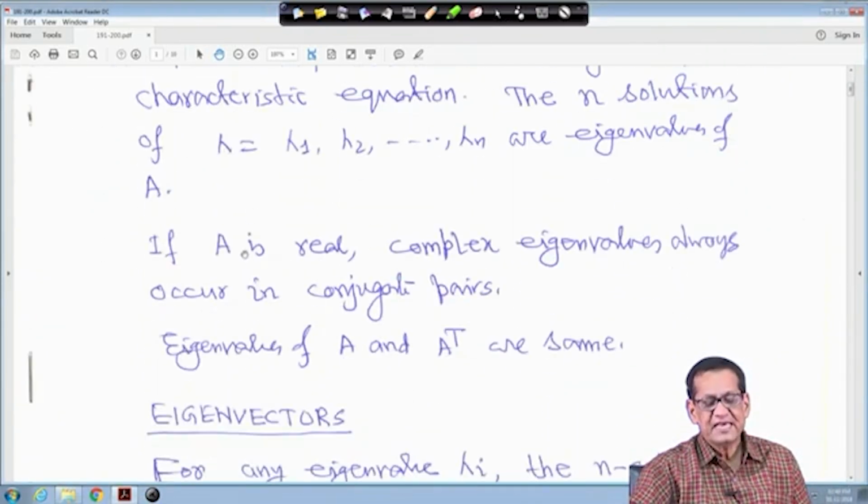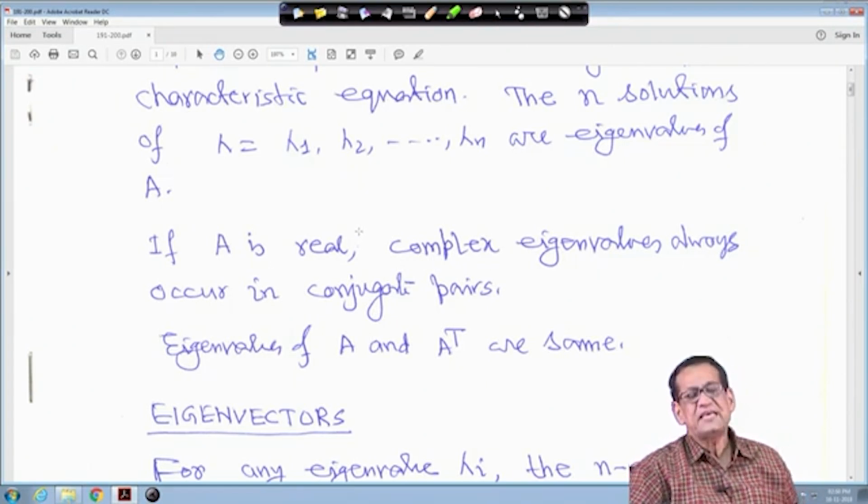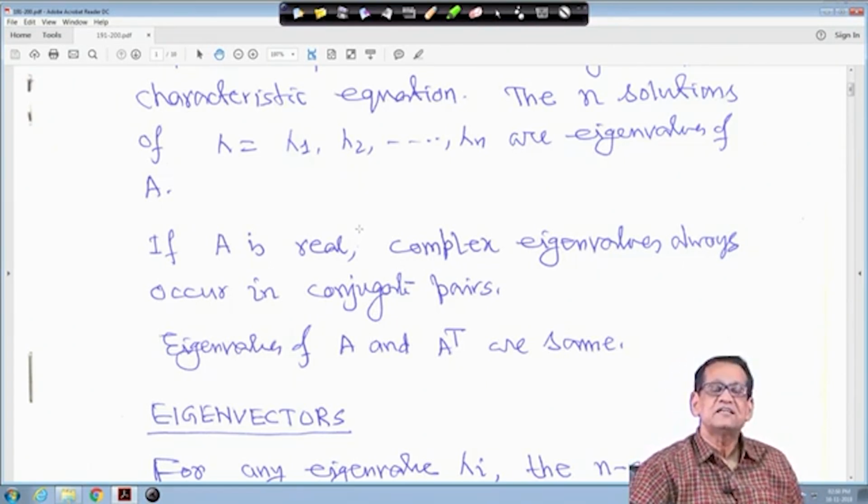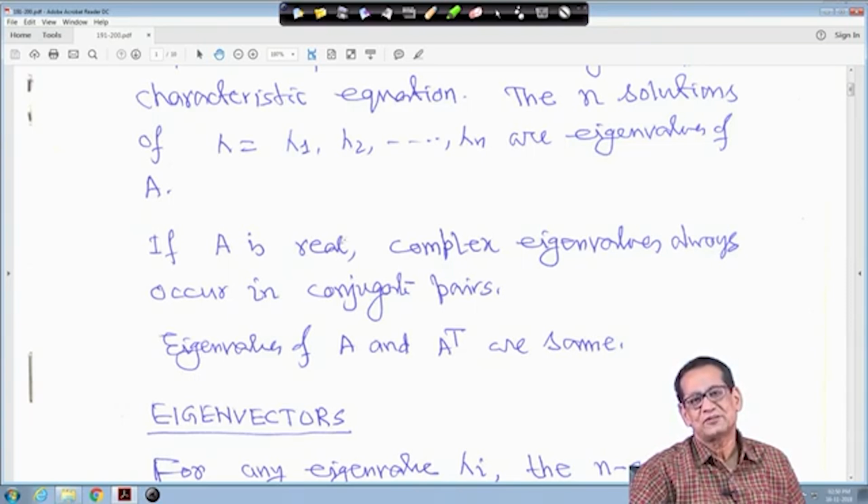If A is real, then complex eigenvalues always occur in conjugate pairs. If A is real and symmetric, then all eigenvalues are real. But if it is not symmetric, then eigenvalues may be real, complex conjugate, or both.